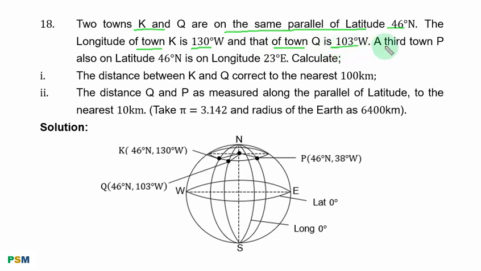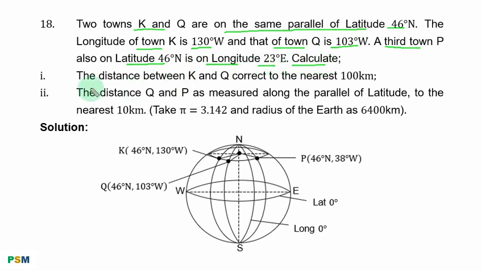A third town P, also on latitude 46 degrees north, is on longitude 23 degrees east.